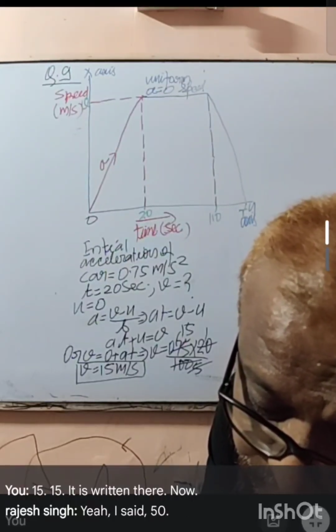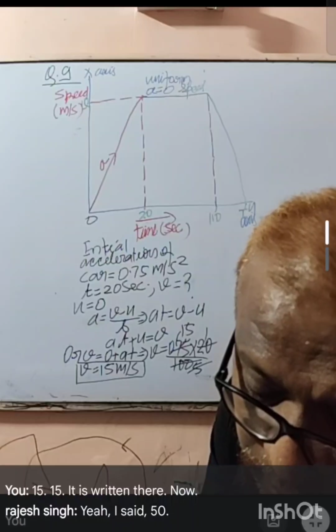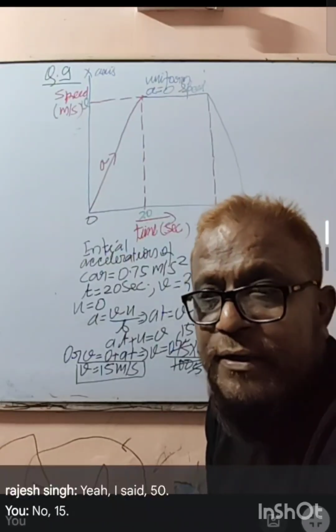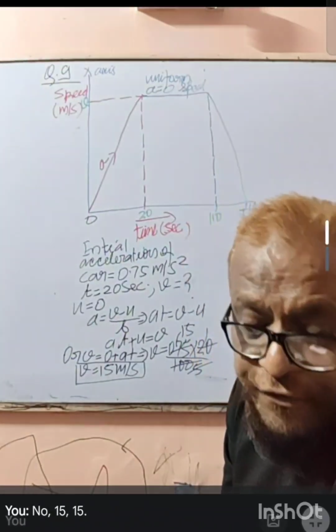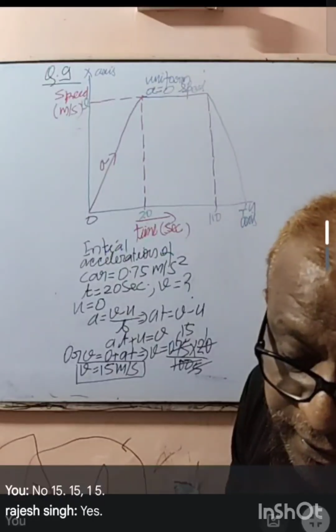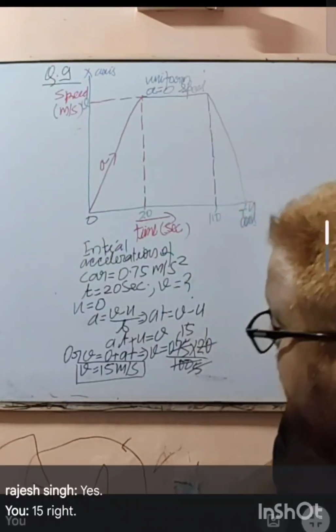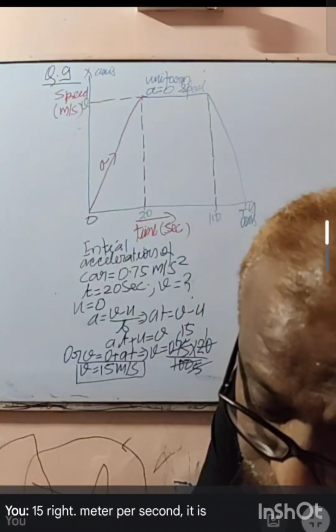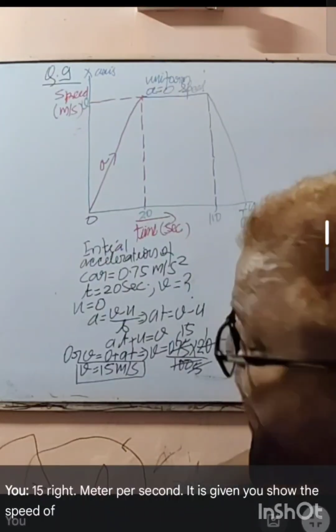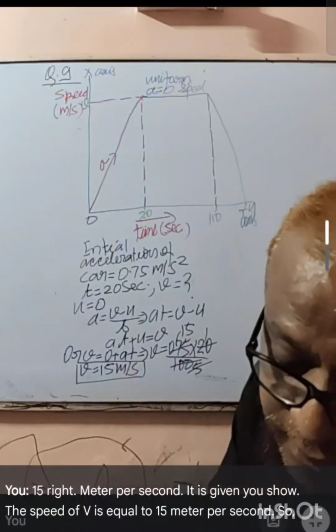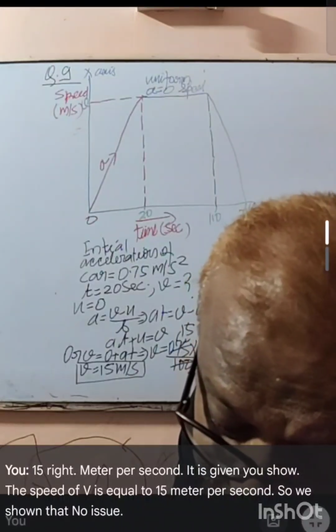Yeah, I said 50. No, 15. 1 5. Yes. It's 15, right? Meter per second. It is given you to show the speed of V is equal to 15 meter per second. So we shown that. No issue. What next is?